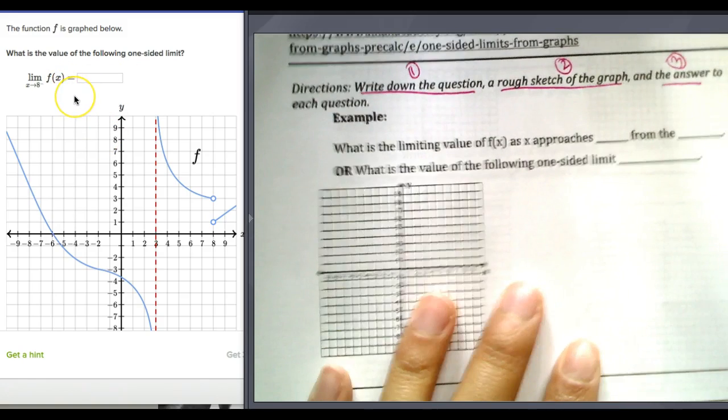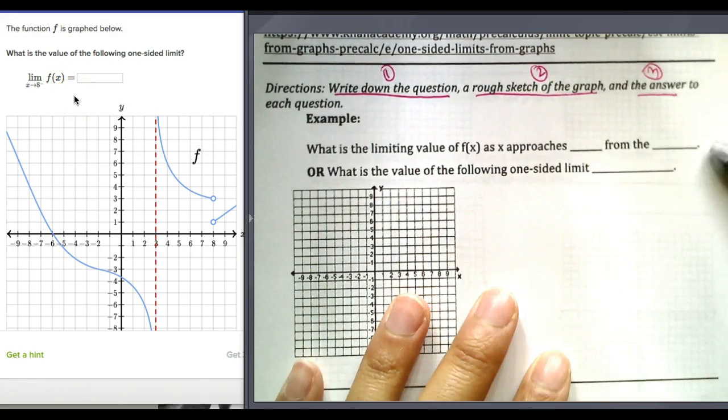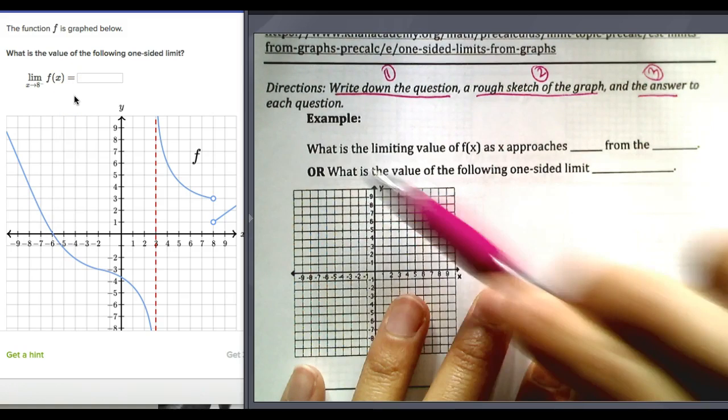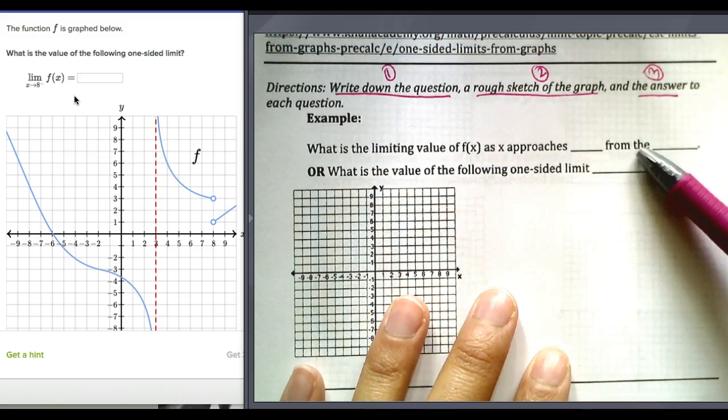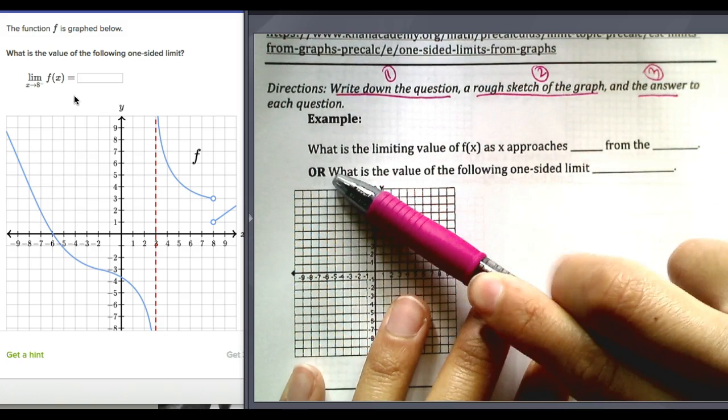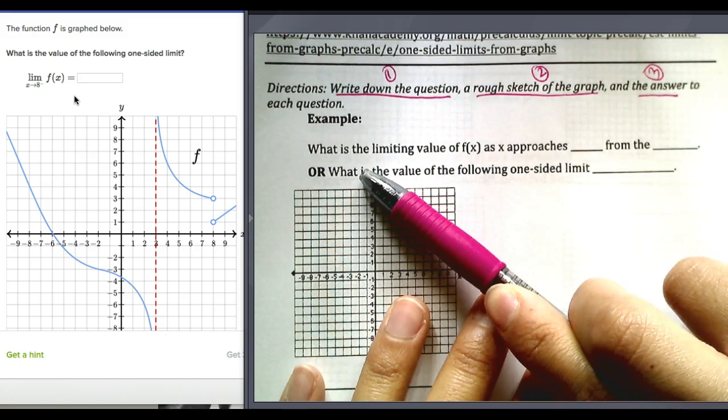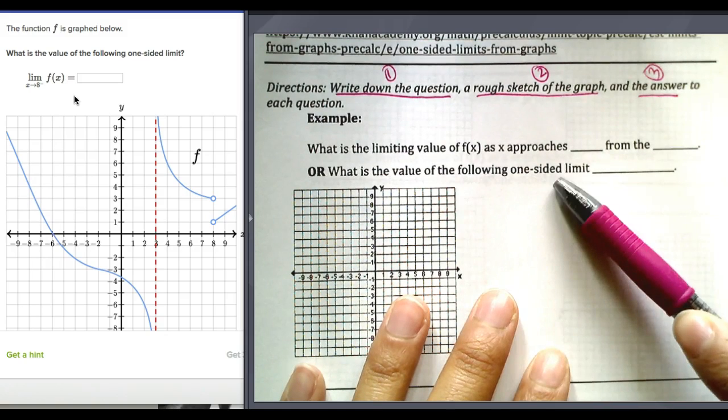The questions are either going to be formatted like this question right here, what is the limiting value of f of x as x approaches something from the something? Or it's going to be formatted like the one that we see right here. What is the value of the following one-sided limit?